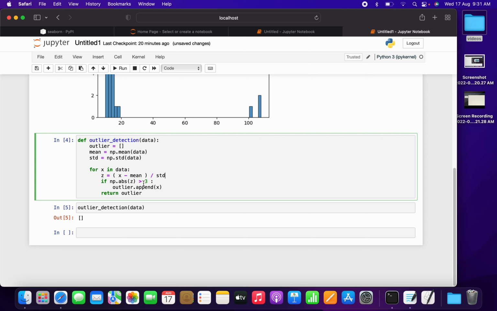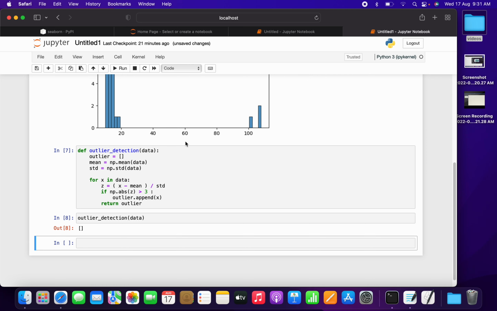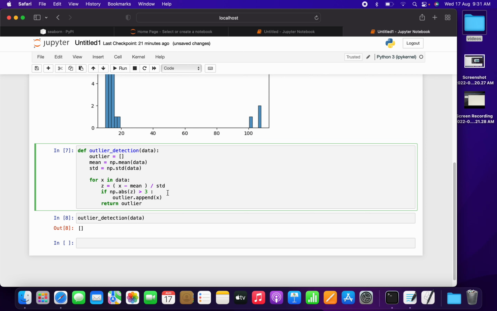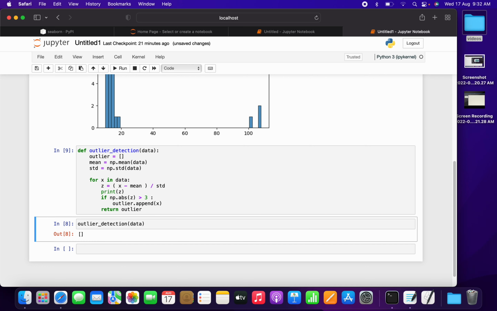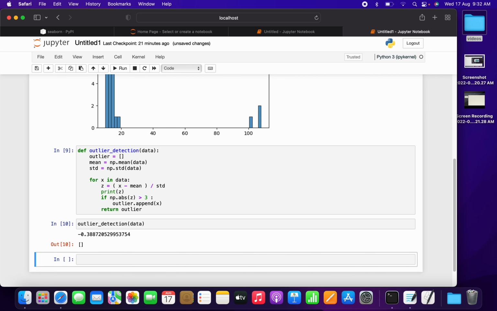If the absolute value of z is greater than 3, then we append. Maybe we can print z. We are getting only one value.